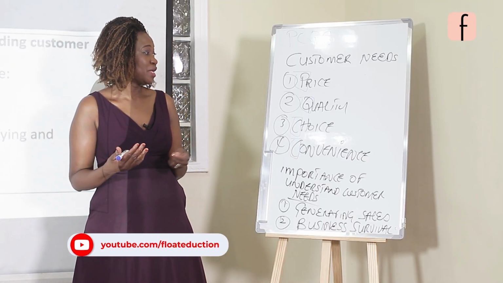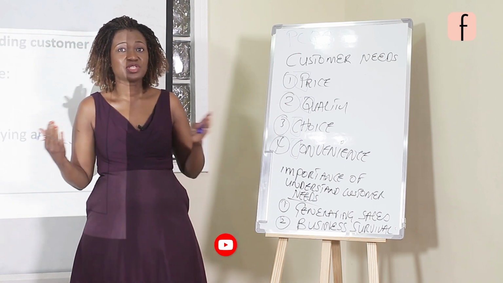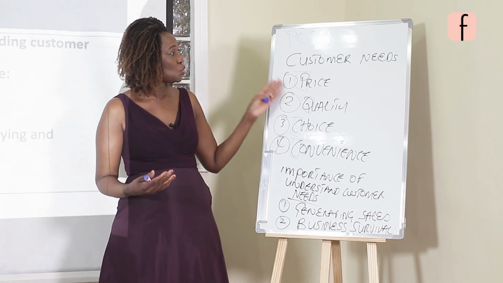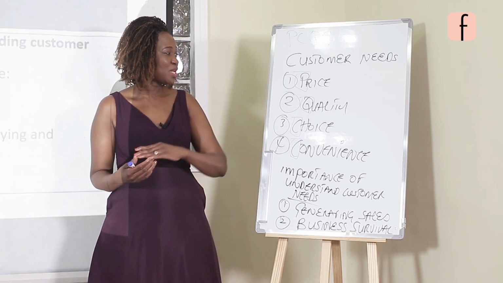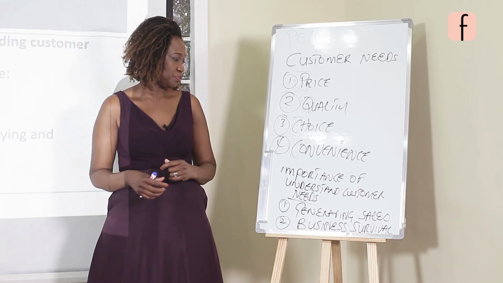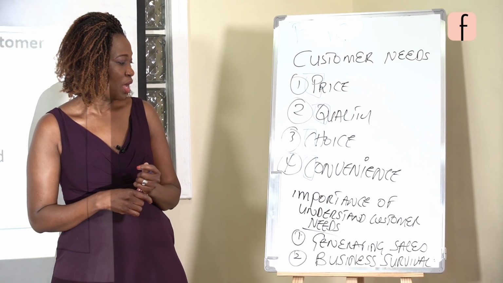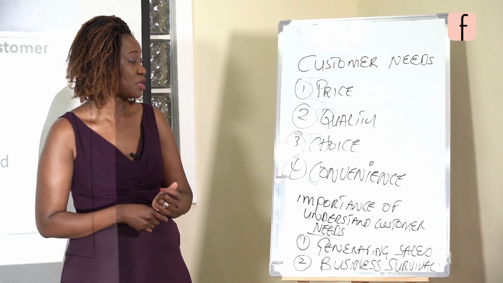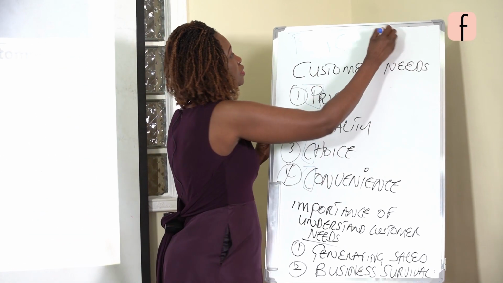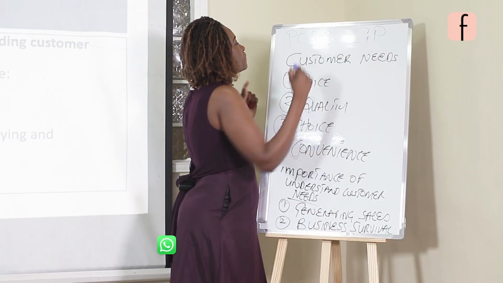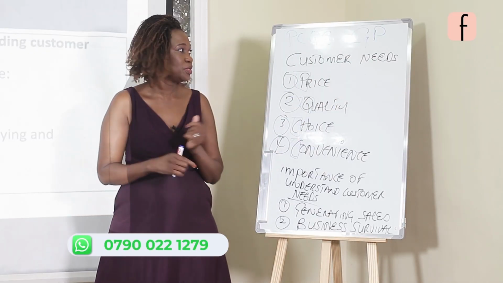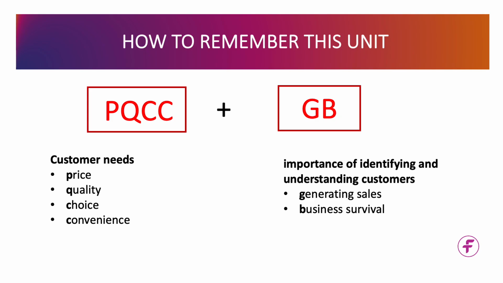PCQC, or I don't mind if you say PQCC. Whichever way works for you, you can remember it. Customer needs, PCQC. Importance of understanding customer needs, GB. So PCQC, GB will help you to understand it.